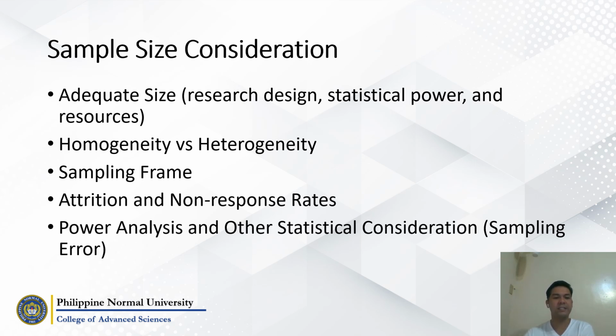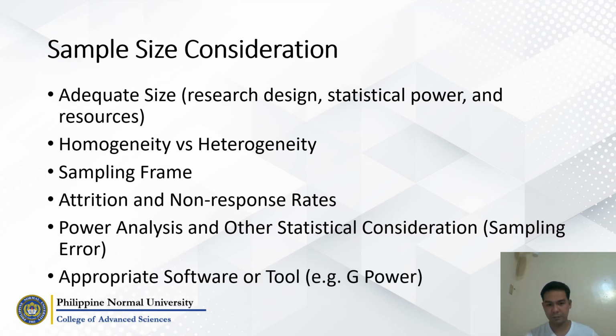participants or respondents. Also, very important to note is the power analysis and other statistical consideration like your sampling error. And you may also employ appropriate software or tool like the G*Power or simply the G Power.